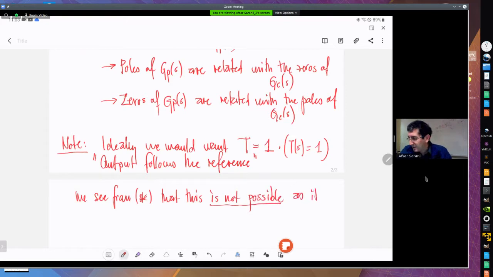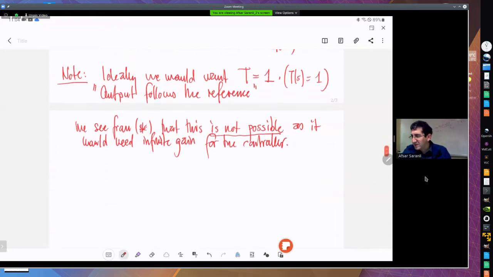This is not possible, as it would need infinite gain for the controller. Okay. Now let's see whether there are other implications as well.